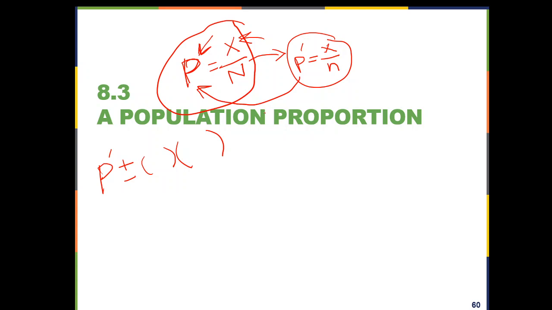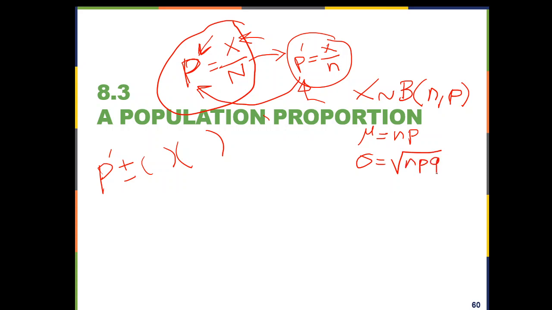Well, we know that p prime is x over n. That means x has a binomial distribution, and in a binomial distribution we have n and p. The mean of the binomial distribution is np, and the standard deviation is the square root of npq.